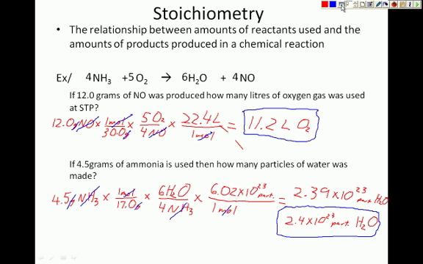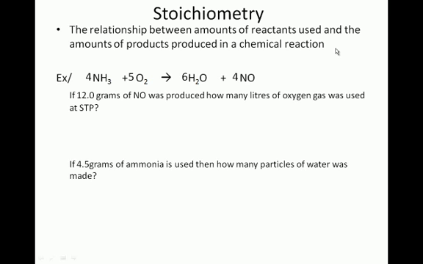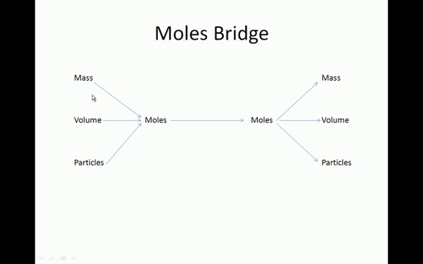So as you can see from the last two that we did, I always use what is called the mole bridge. So if I'm given a mass, a volume, or an amount of particles, I will immediately change that into the amount of moles. And from there, I can use mole ratio. The example was that 6 water to the 4 ammonia.